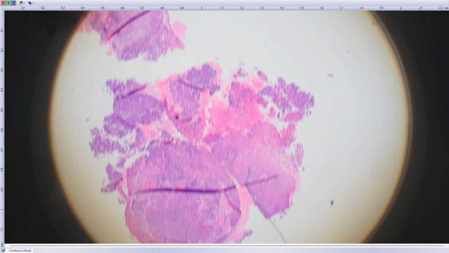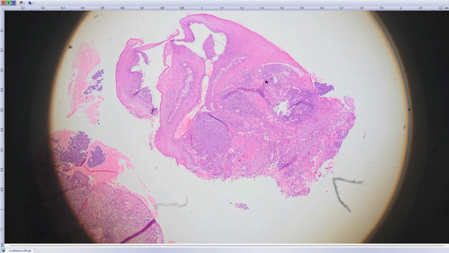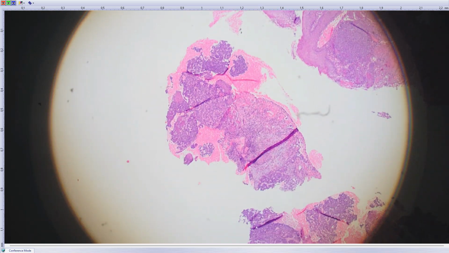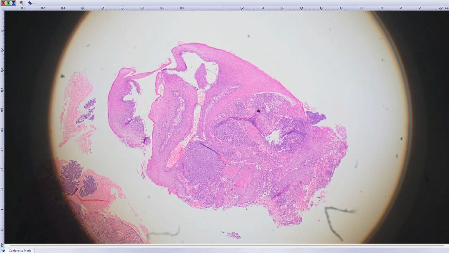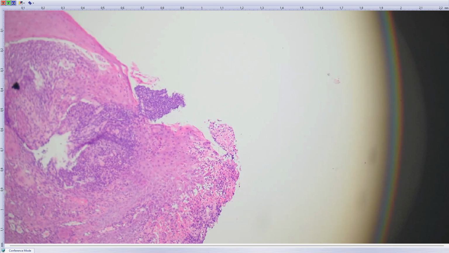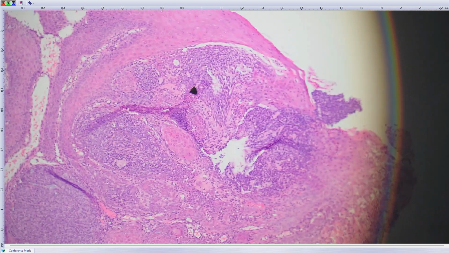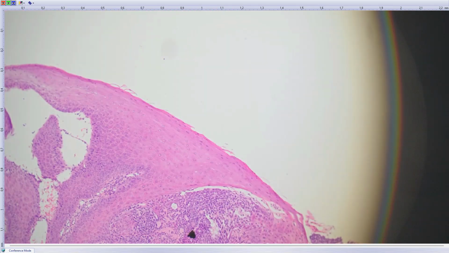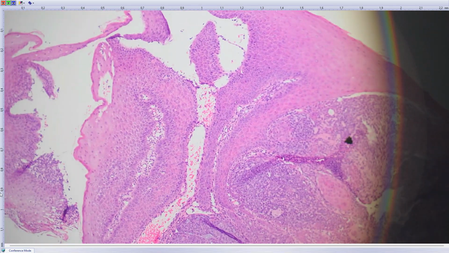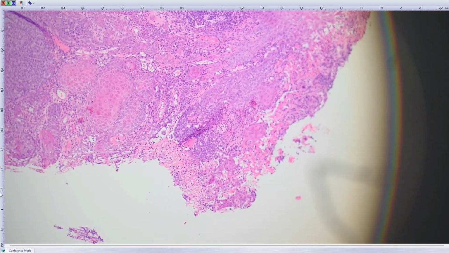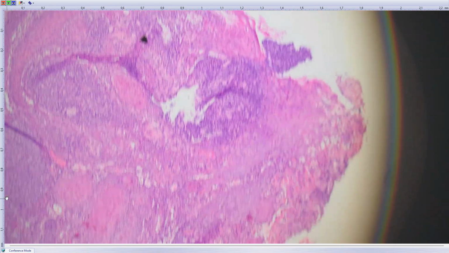So what you can see are fragments of tissue, which are partly covered by squamous epithelium. I'll show you a little higher magnification. So the squamous epithelium, at least in my opinion, is not dysplastic. However, there is ulceration, of course, here and there.